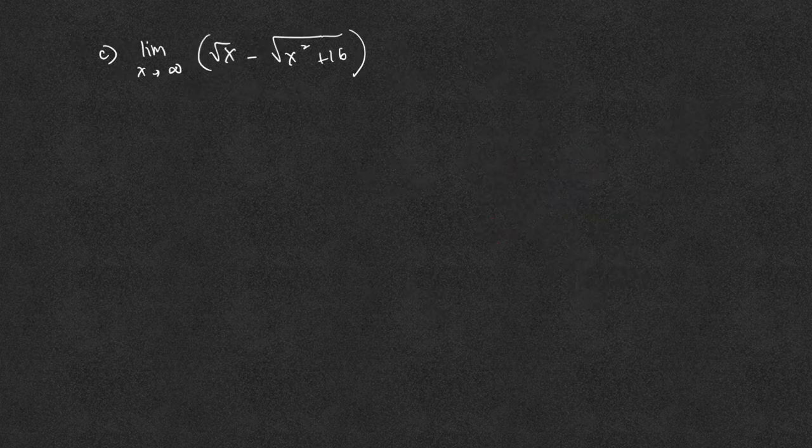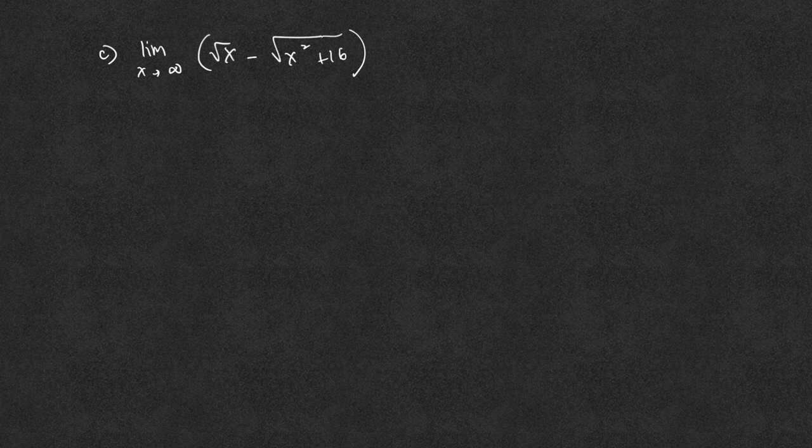The limit as x goes to infinity of the quantity square root of x minus the square root of (x squared plus 16). If we try to evaluate at infinity, we would have infinity minus infinity, which is indeterminate. And so we will find a way to rewrite it so that we can introduce a fraction.